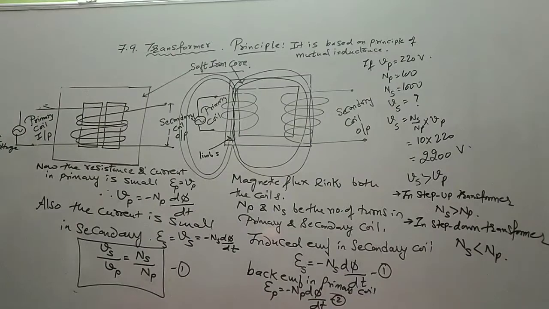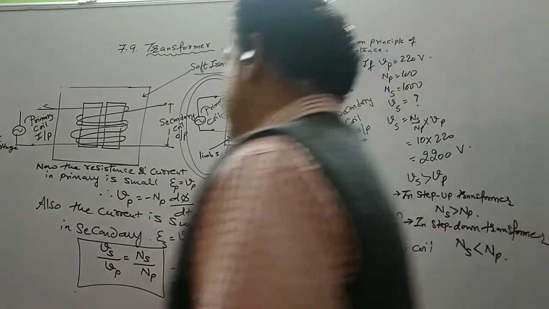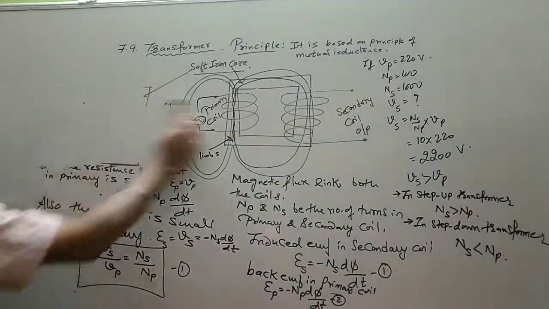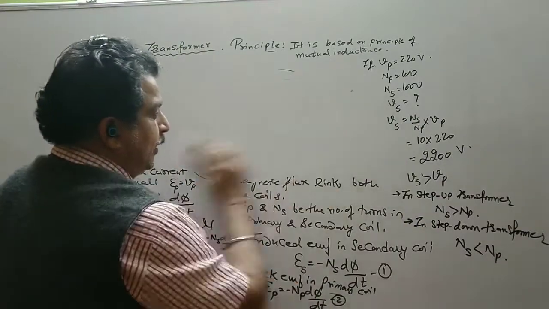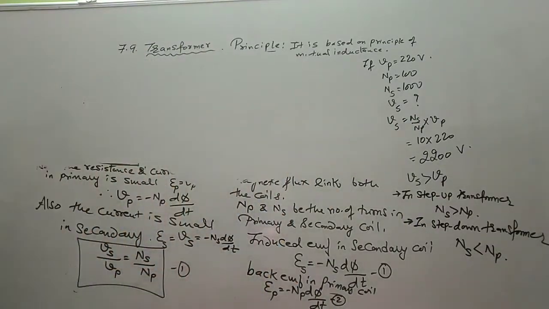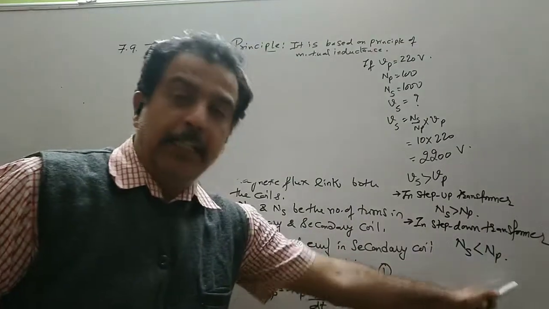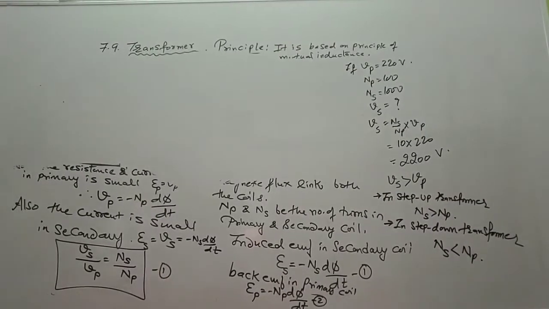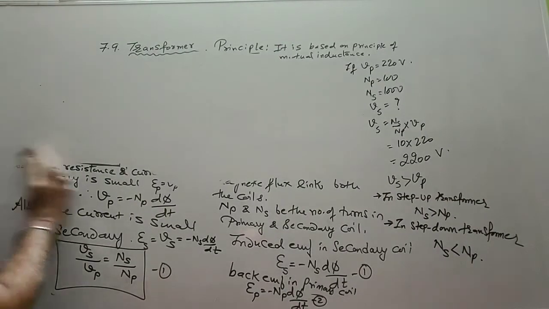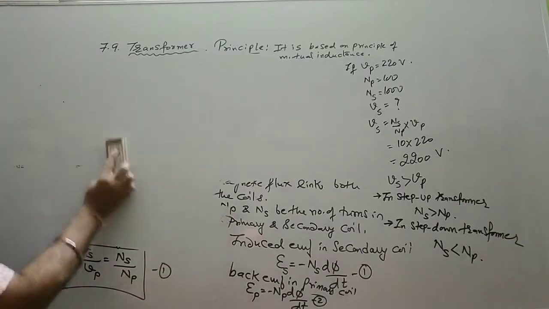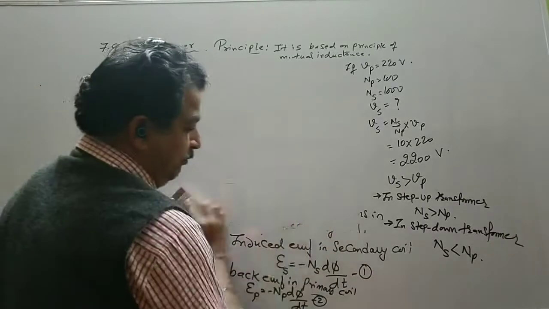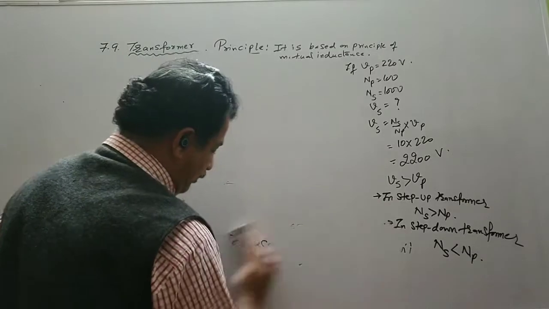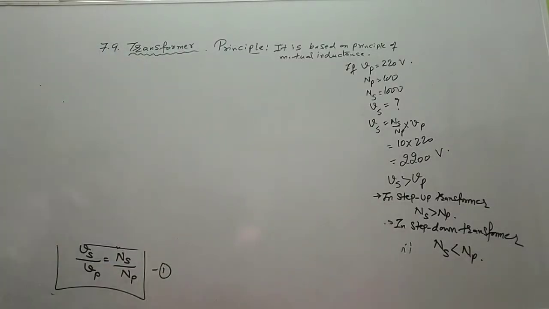So this is one formula which is important for the transformer, whether it is a step-up or a step-down transformer. So Ns greater than Np, step-up, or Ns less than Np, it is a step-down transformer. So depending upon the number of turns, while preparing the transformer, you have to keep in mind whether you want to make a step-up transformer or a step-down transformer.